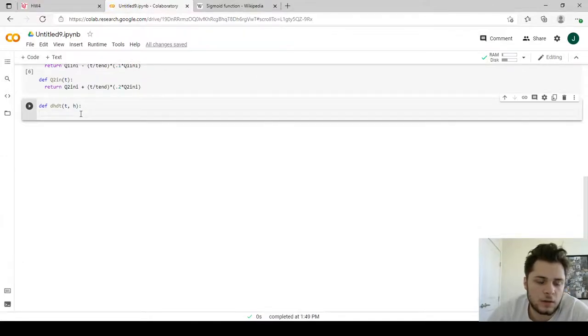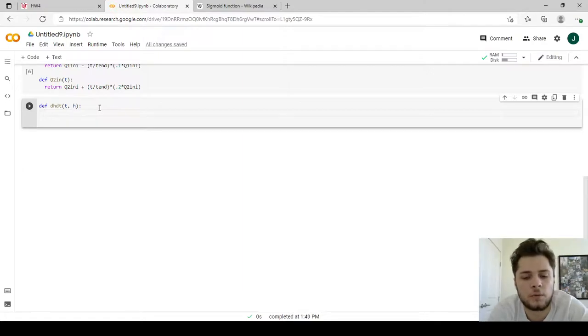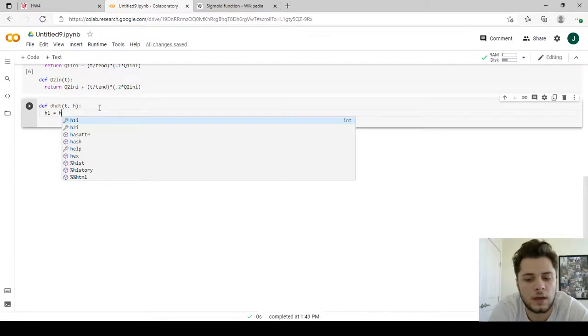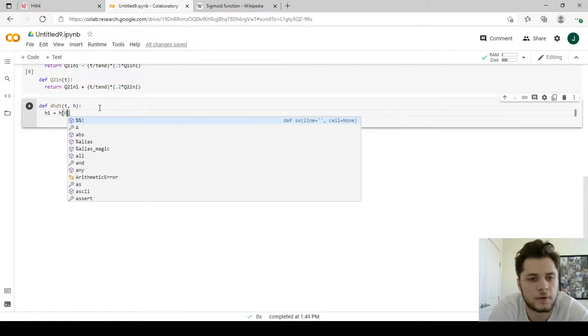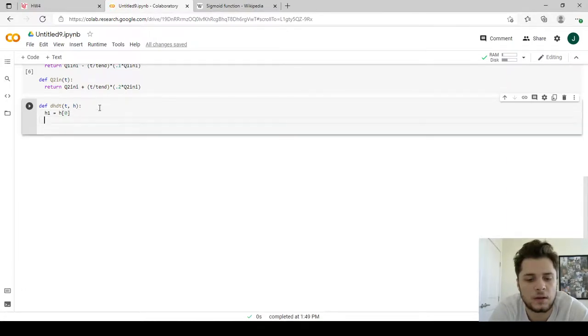Okay. So I want my height at tank 1 to be equal to the first index of my array, and the height of tank 2 to be equal to the second index of the array.